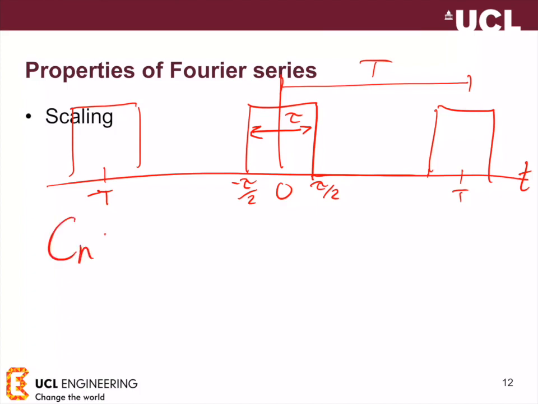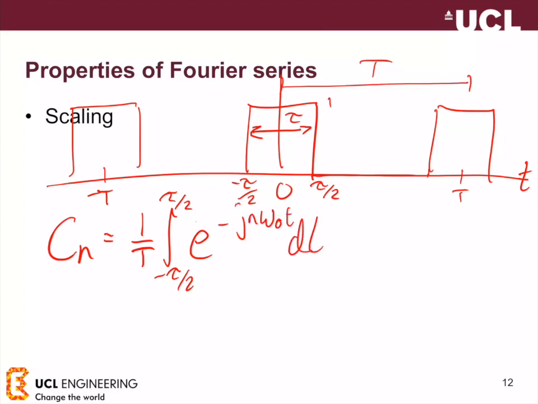So if we go to evaluate our C of n, we've got 1 on T. We still average over the whole period, so it's still 1 on big T. But now we're going to integrate from minus tau on 2 to tau on 2. X of t is the same. We'll assume that this is an amplitude of 1, so it will still just be e to the minus j n omega naught t dt.